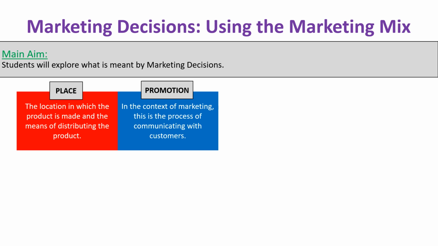Another concept of the marketing mix is promotion, and this is a key component of the marketing mix. In the context of marketing, this is the process of communicating with customers. It is ensuring you meet the needs and wants of customers. It is about knowing what the customers want and providing that unique, tailored product to your customers' needs. In that way, the business will gain sales and make a profit.